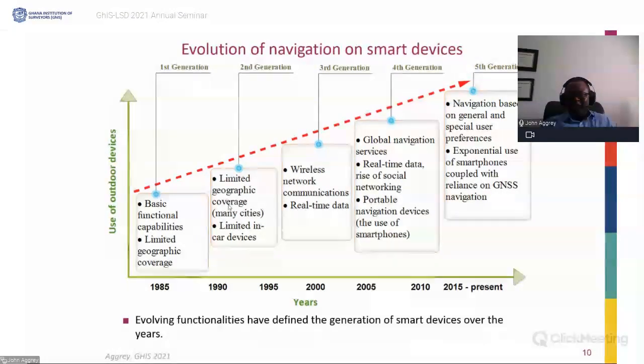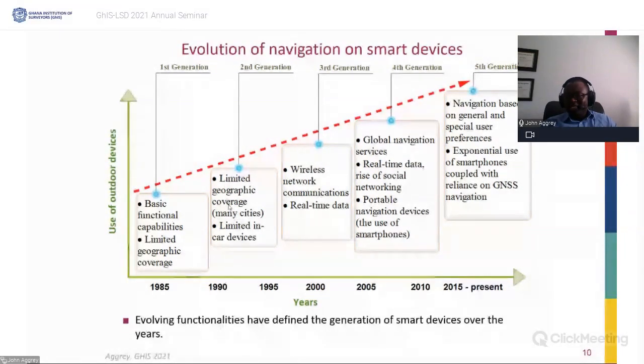I know most of you are familiar with it. Within that time period, if somebody says he owns a smartphone, you expect the person to be holding a brick in hand because the smartphones at that time were really big. But those smartphones had the capability of tracking the GPS satellite system around that time. And that's when social networking also came into place. So we could use our mobile devices for many other things.